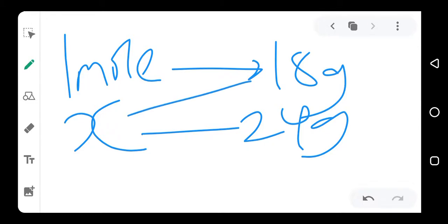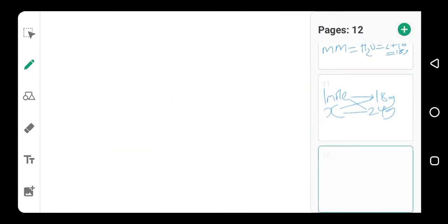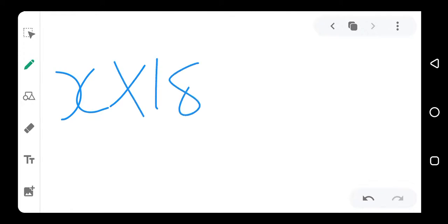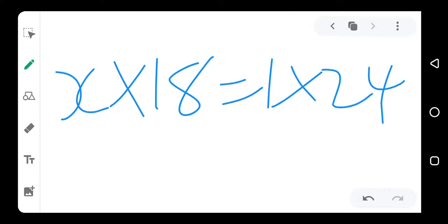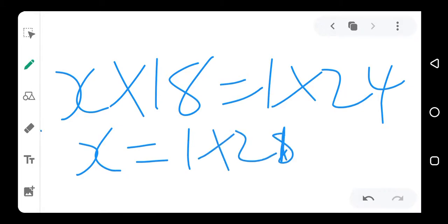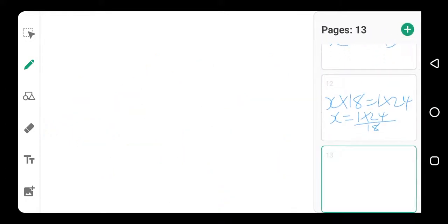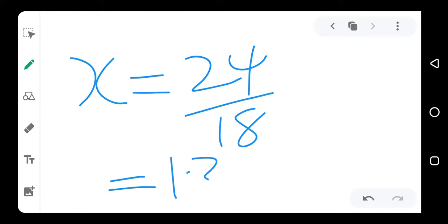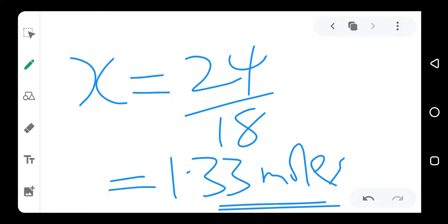If we place it this way, we do cross multiplication and we have that 1 times 24 or 18 times X. X times 18 is equal to 1 times 24, and so we have that x is equal to 1 times 24 over 18, and so our x is equal to 24 over 18, which gives us 1.33 moles of water molecule. So this is the answer.